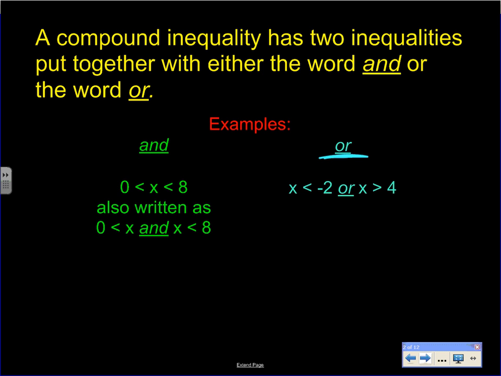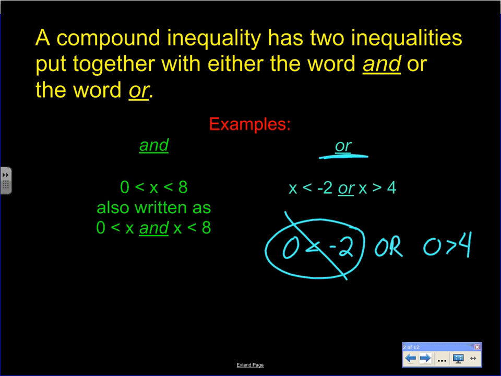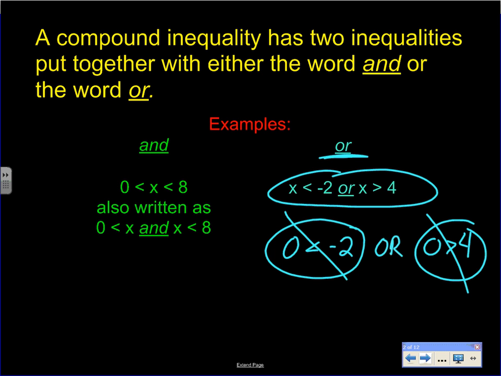Let's say we pick 0. Is 0 less than -2 or 0 greater than 4? 0 less than -2? No, it's not. Is 0 greater than 4? No, it's not. So neither one of these is true, so 0 is not an answer to this compound inequality.